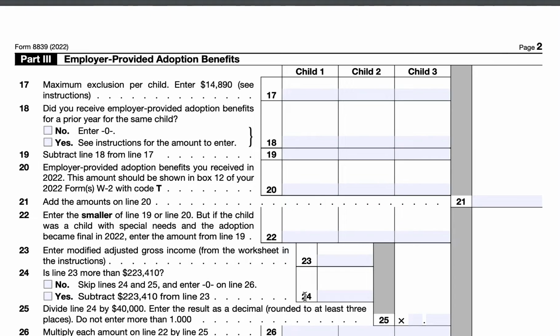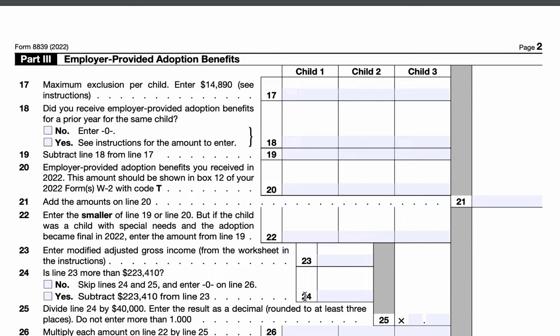In Part 3, we will calculate the amount of employer-provided adoption benefits that may be excluded from adjusted gross income. The maximum amount of this exclusion per child is $14,890. If you and another person besides your spouse, if filing jointly, each received employer-provided adoption benefits in connection with the adoption of the same eligible child, this limit must be divided between the two of you.